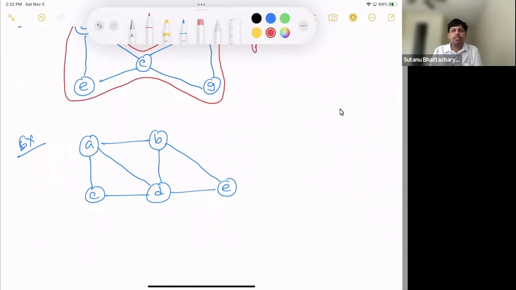At the same time, you need to traverse all edges. All edges should be crossed. So let's start your journey. Okay, these edges, these edges, these edges, these edges, these edges. Okay, I can traverse all edges, but I started my journey at point A, but I end my journey at point B. That means there is no simple circuit which covers all edges exactly once. So in this graph, no Euler circuit.